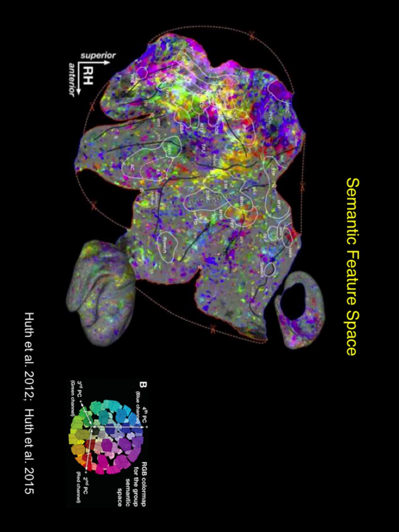And what they found, this is a very complicated map, but one of the main things they found was that instead of seeing distinct patches of cortex that respond to a particular variable, there was a more smooth transitioning of the coding of these semantic labels. So here's a good example.